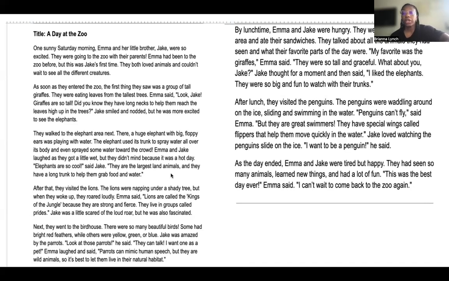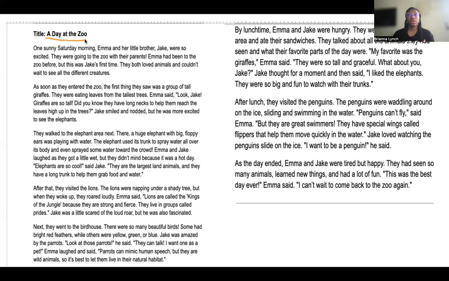When we do reading comprehension, the first thing we always want to do is start off with making annotations. What are annotations? They're just notes that are going to help us connect the story to the questions that we're going to be doing next. So, the first thing we want to start with is recognizing the title. The title is A Day at the Zoo. Let's underline that.